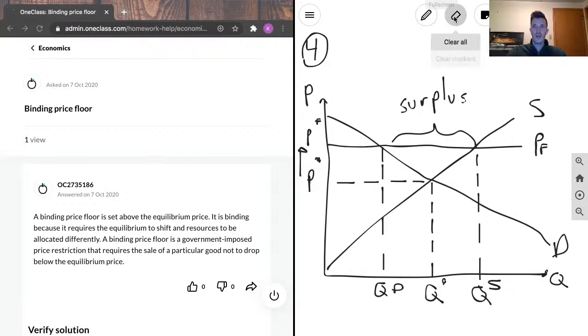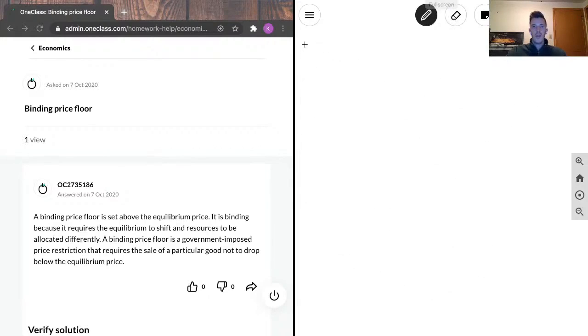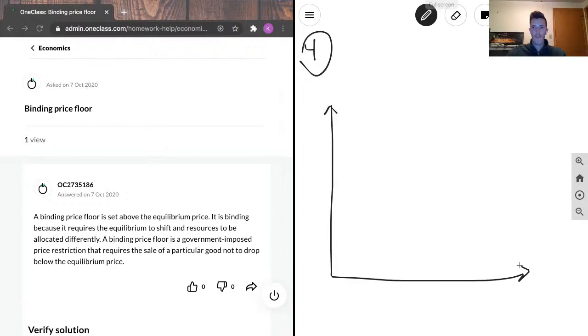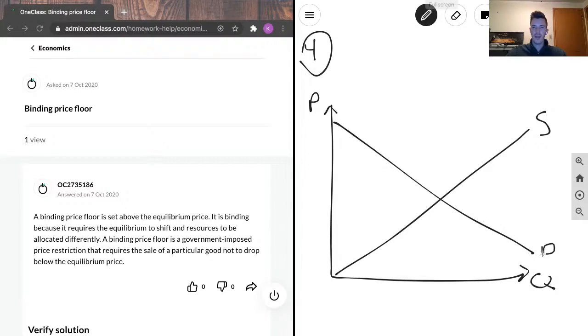Similarly, we can draw a price ceiling. So again, with the price ceiling, we can draw our typical supply and demand.